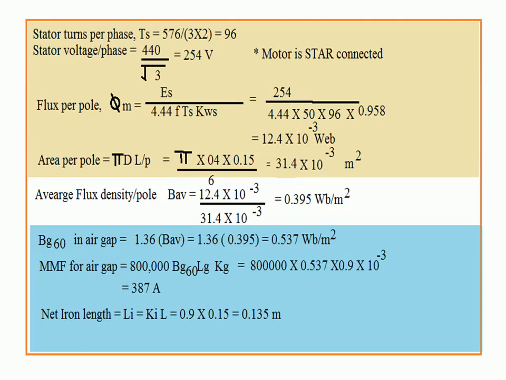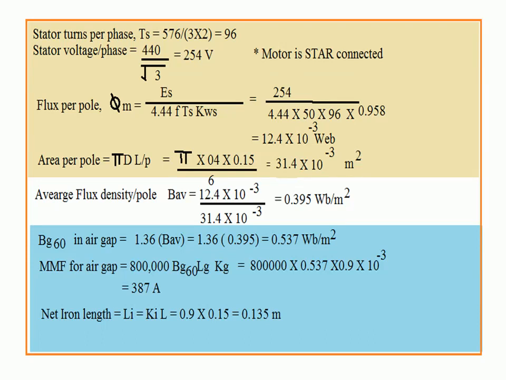This value is referred to as BG60 in the air gap. That should be equal to 1.36 times the average value. So we are going to get 0.537. Then you determine the MMF for the air gap, that is 800,000 times BG60 LG times Kg, 387 AT.